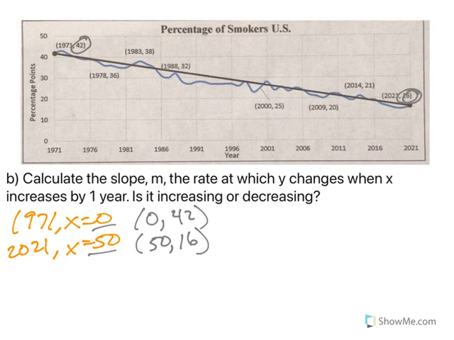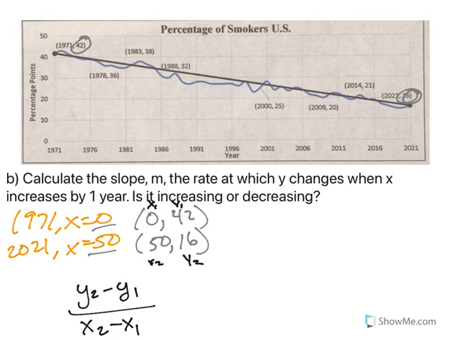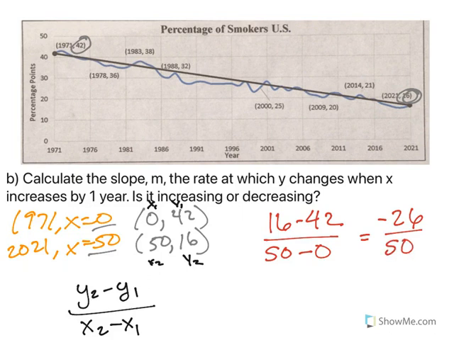To find the slope, we're going to use our change in Y's, Y2 minus Y1, over our change in X's, X2 minus X1. I'm going to use X1, Y1, X2, Y2. Let's substitute in what we know. Y2 minus Y1 over X2 minus X1, and I get negative 26 over 50.